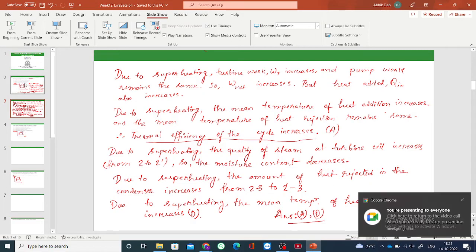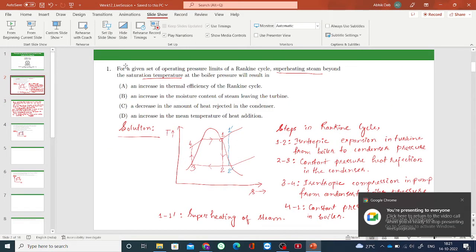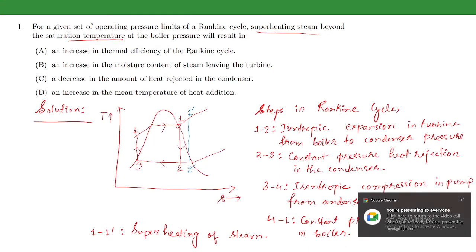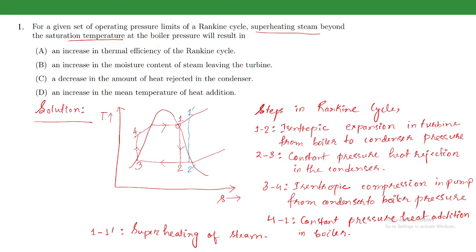See, the mean temperature. The heat is being added from the point 4 to 1. So a portion of the heat will be added at the temperature equal to T1, and some portion of the heat will be added between the temperature T4 and T1.